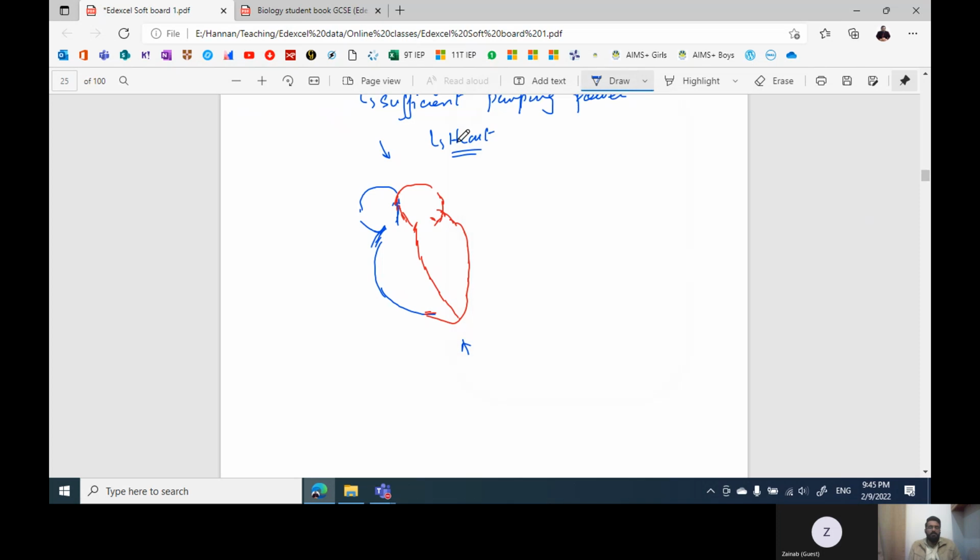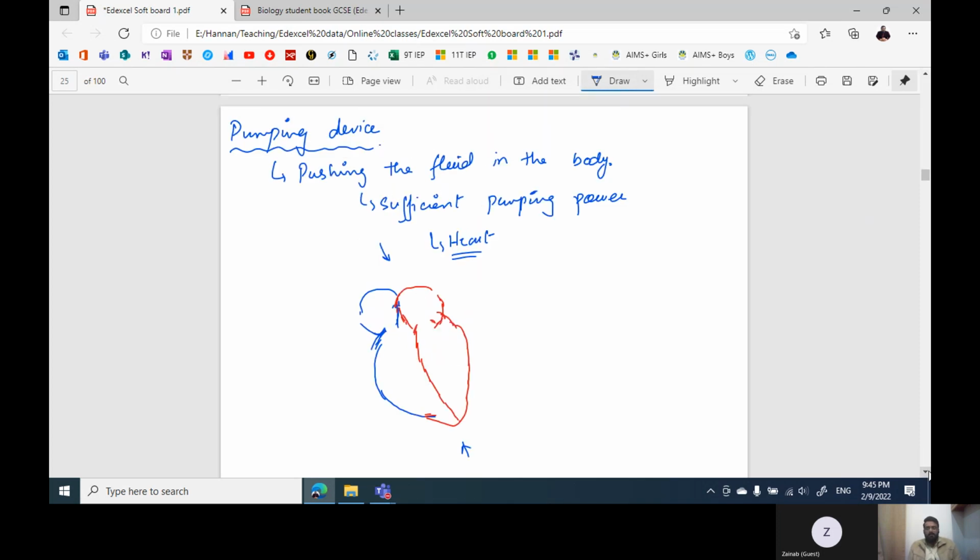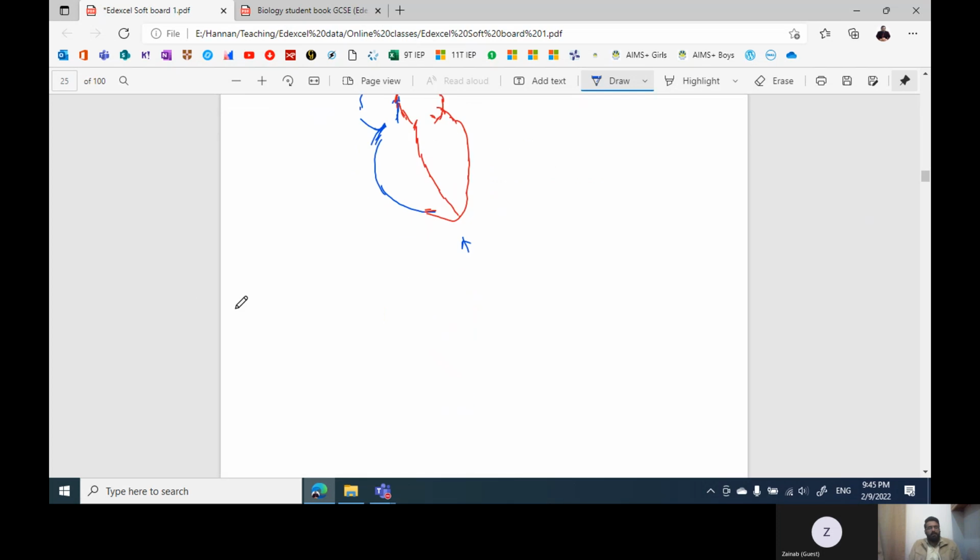So first of all, we have to understand the cycle of the blood inside the heart. If we understand the cycle of the blood inside the heart, then it would be very easy for us to understand how the parts of the heart work.